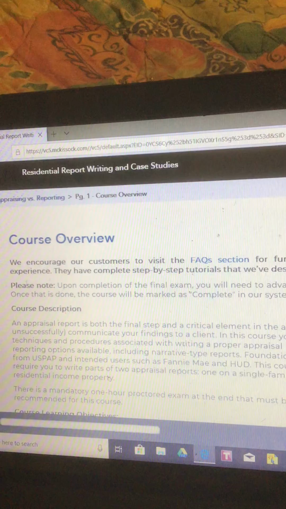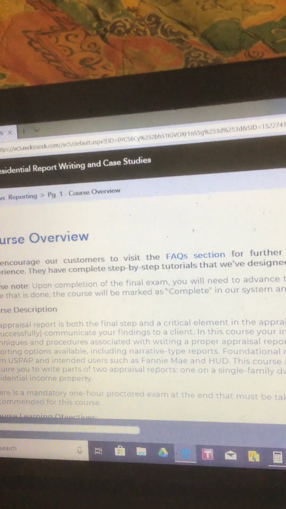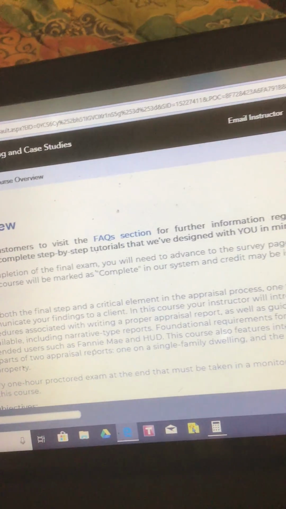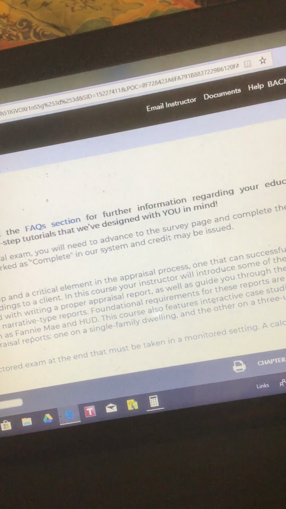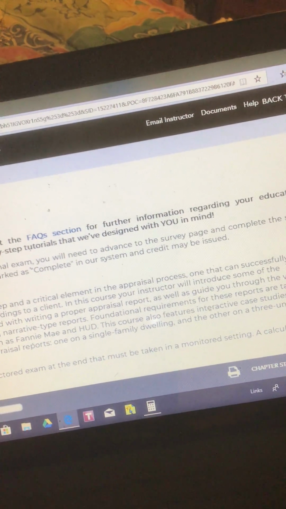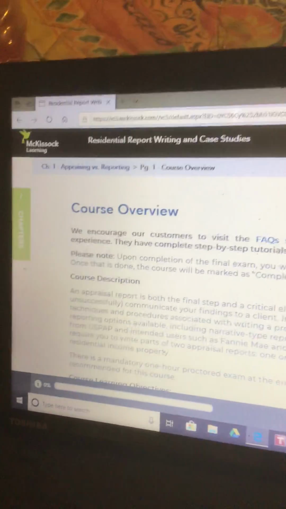There is a mandatory 1-hour proctored exam at the end that must be taken in a monitored setting. A calculator is recommended for this course.